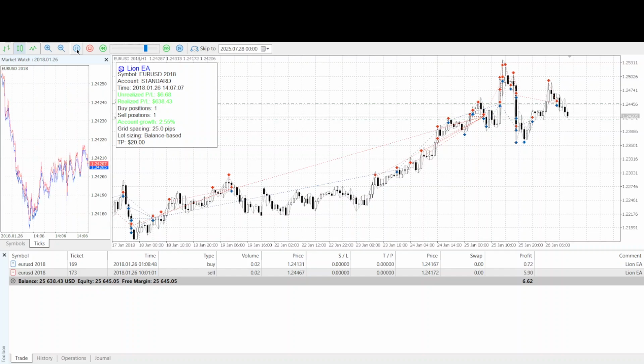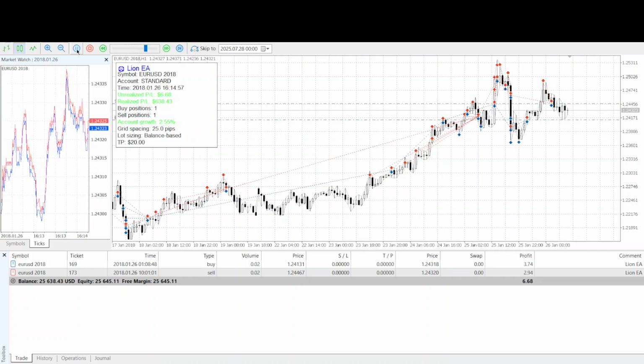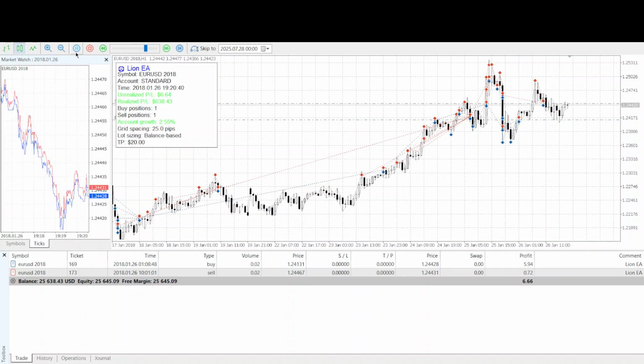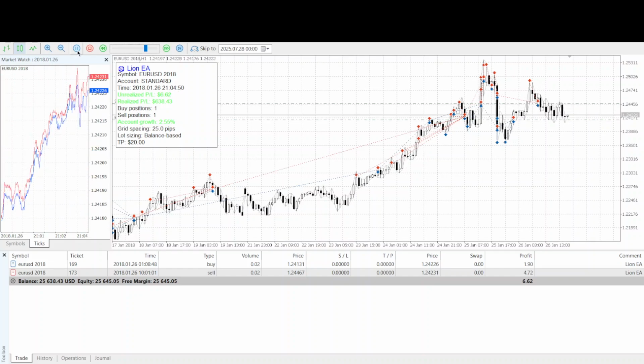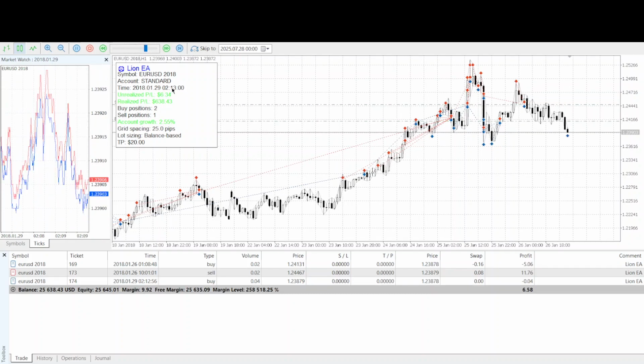Go a little faster. Both are in profit, but it didn't reach our take profit amount. You can see it opening on 0.02 lots. I have it set for every 10k in the account, 0.01 lot. It has 25k, so it opens the first trade at 0.02 and then martingales. Slow movement, looking like the morning.